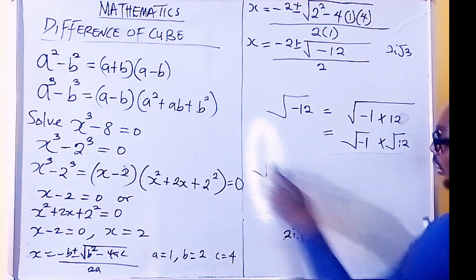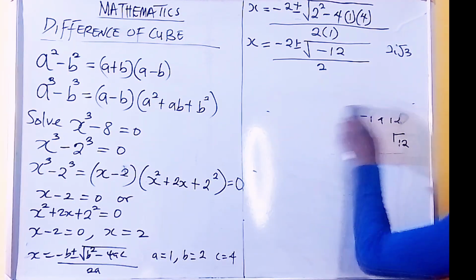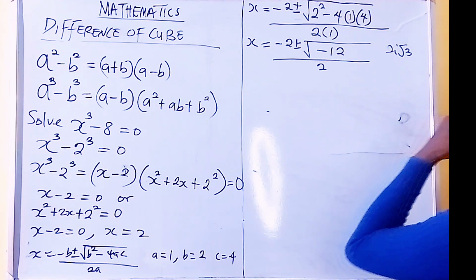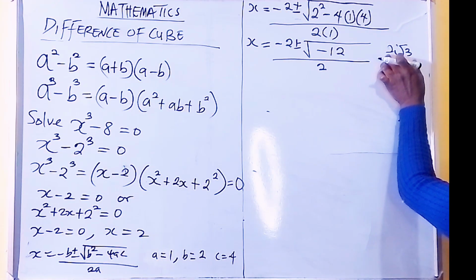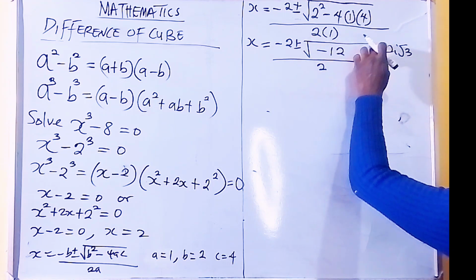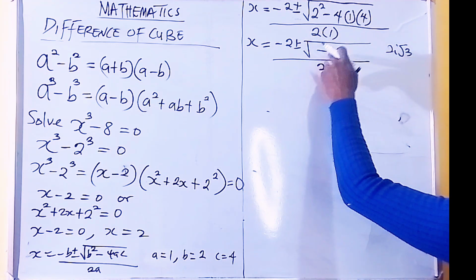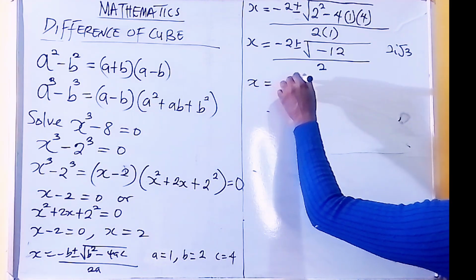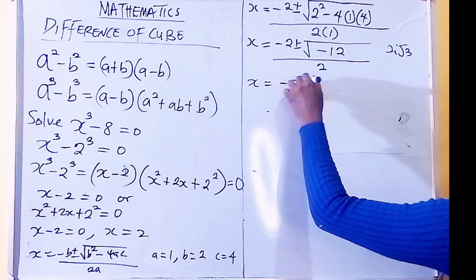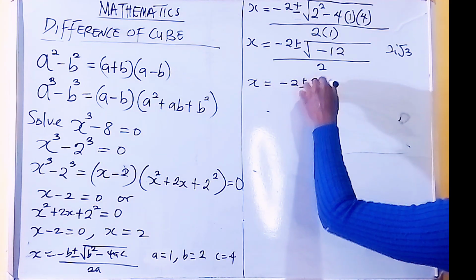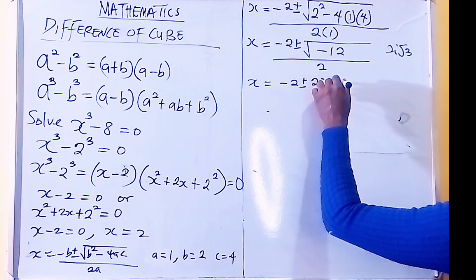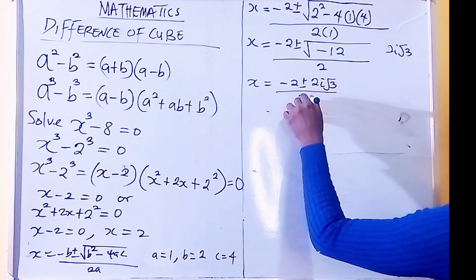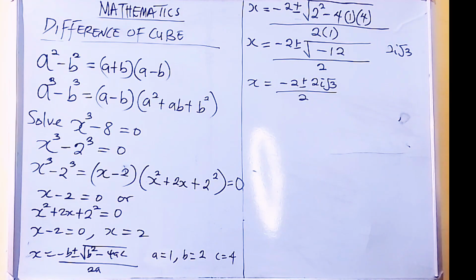Okay. So at this point, we'll now replace square root of minus 12 with this, which is x now is equal to minus 2 plus or minus 2i root 3 all over 2.